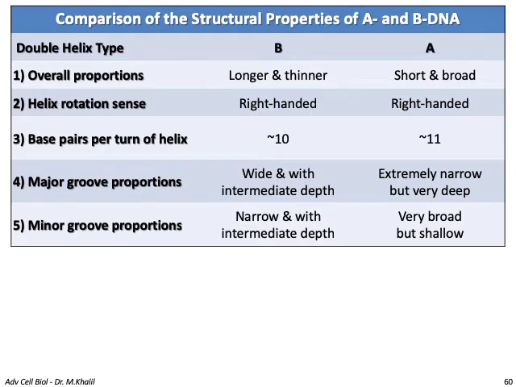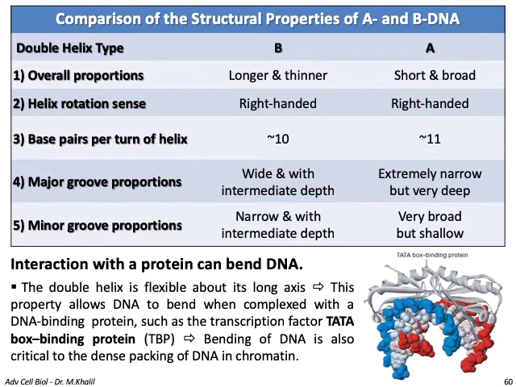This is a brief comparison between the double helices A, B, and Z. You can see it's compared according to overall structure, rotation, base pairs, major groove proportion, and minor groove proportion. It's worth noting that the interaction of any protein can bend DNA. You can see from the figure that the double helix is flexible about its long axis.